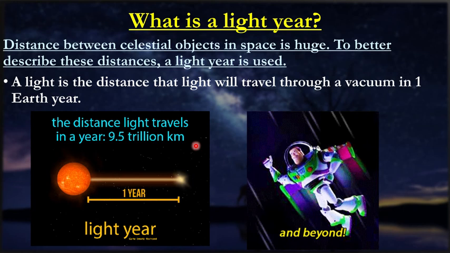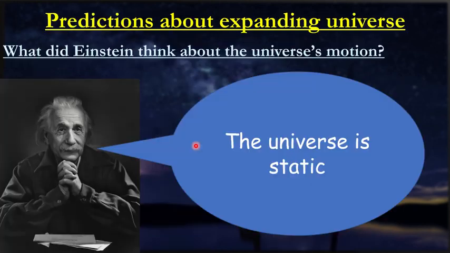In terms of the predictions of the expanding universe, one of the greatest minds of all time, Albert Einstein, actually didn't believe the universe was moving at all. He actually believed the universe is static, due to his work with general relativity. Now, there were a couple of scientists who worked on his equations of general relativity and believed, contrary, that the universe was expanding and that the general relativity formulas implied that there was an expansion.